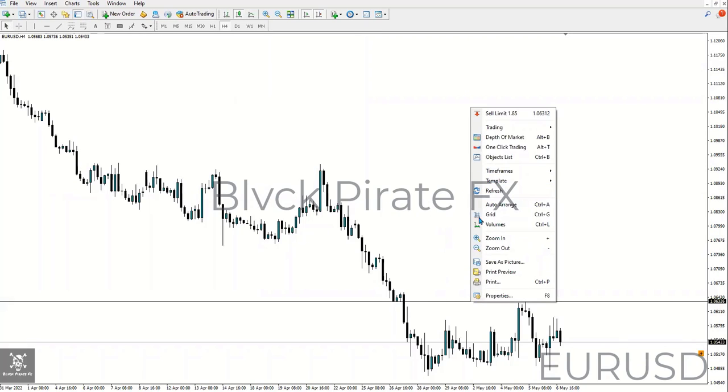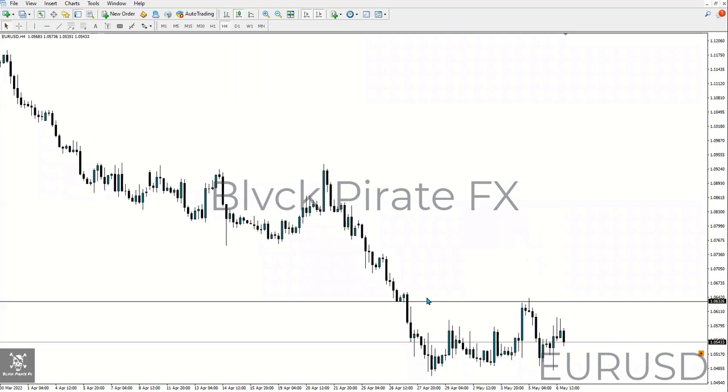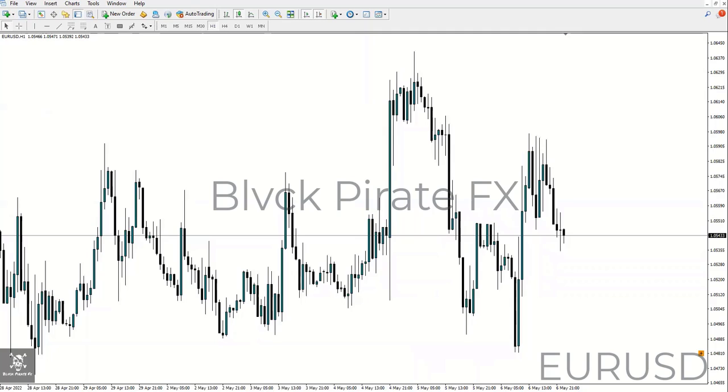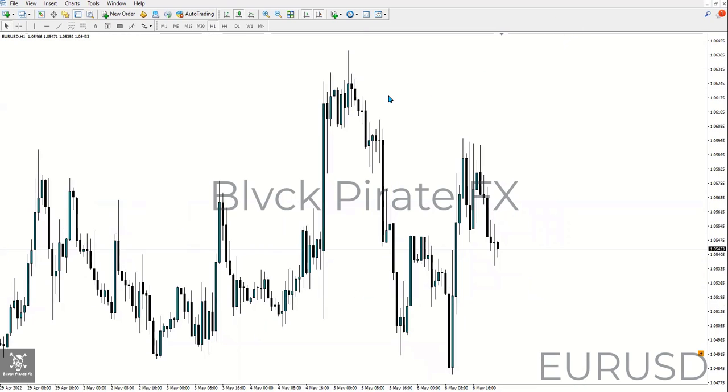So I'm still inclined to go bearish on this pair. I'm going to go down to the H1 time frame and show you guys how I am choosing to get into this trade.